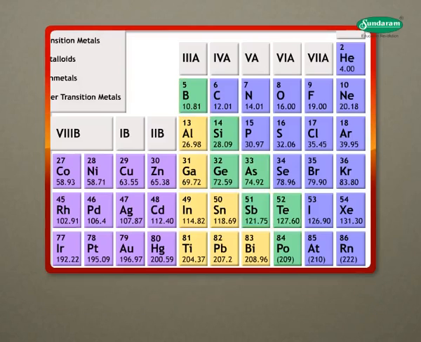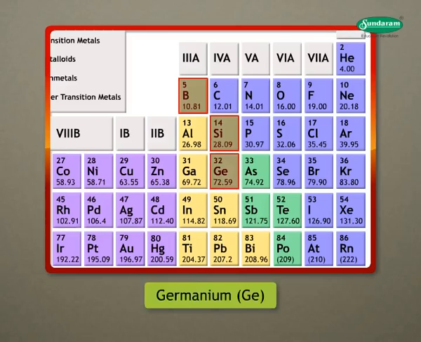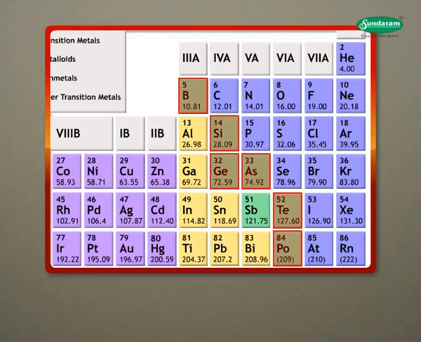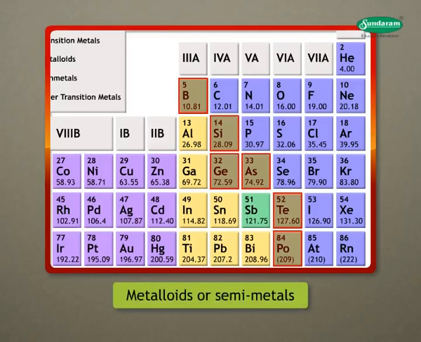The borderline elements, that is boron, B, silicon, Si, germanium, Ge, arsenic, As, tellurium, Te, and polonium, Po, show intermediate properties and are called as metalloids or semi-metals.